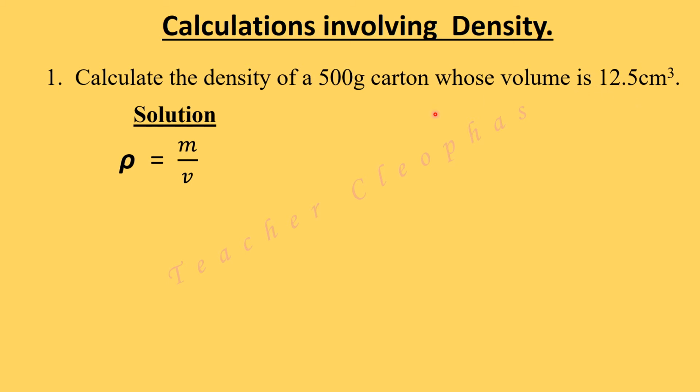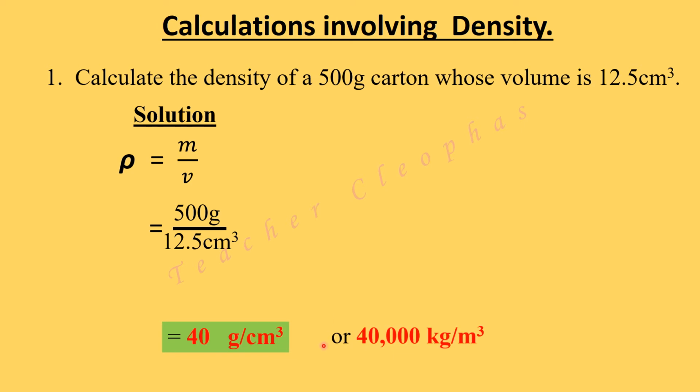So we substitute these values in our formula. So density equals mass, which is 500 grams, divided by volume, which is 12.5 cubic centimeters. If we simplify this, we get 40, and the unit is grams per cubic centimeter.